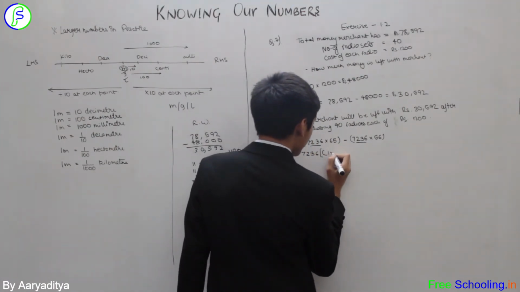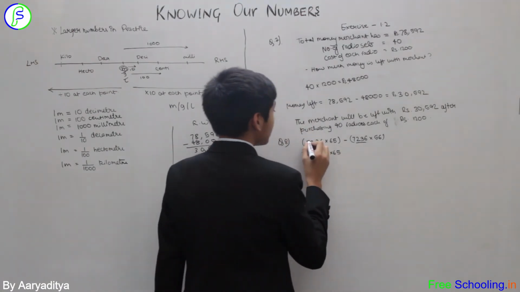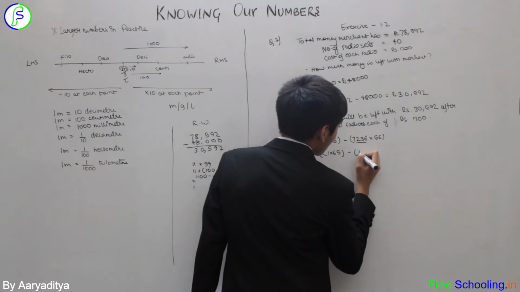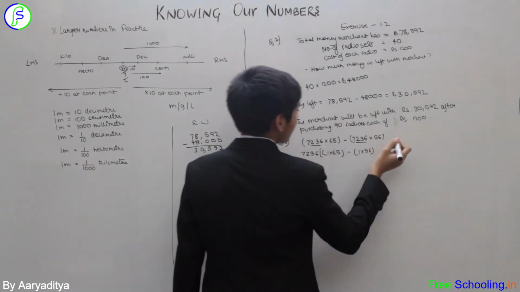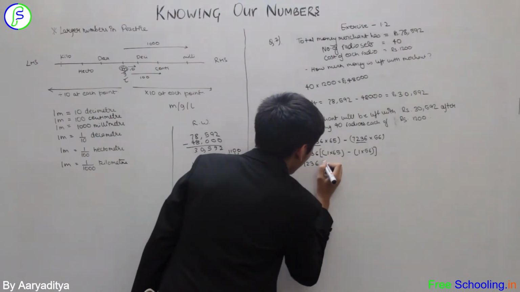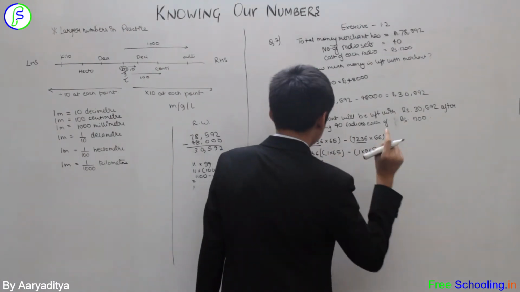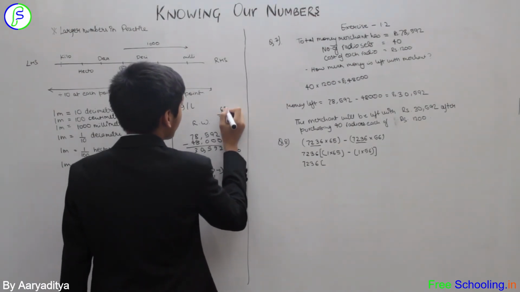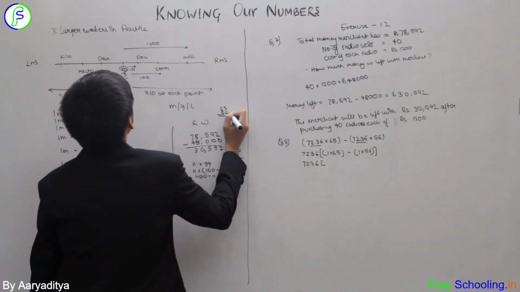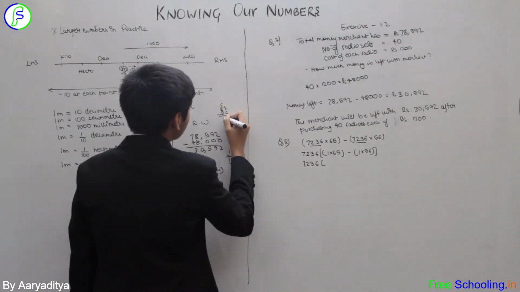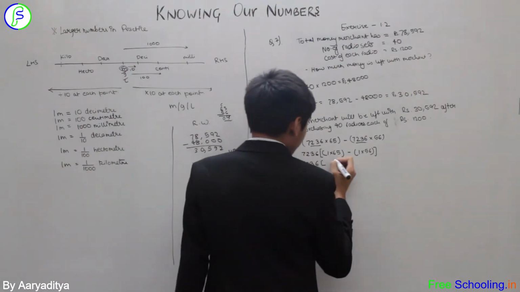Then we have 1 into 65, since 7236 divided by 7236 is 1, and 1 into 56, since 7236 divided by 7236 is 1. Closing the bracket, we get 7236 into (65 minus 56). What is 65 minus 56? We just need to do it in rough. 15 minus 6 is 9, and the 6 becomes 5. So a total of 9 we are getting.